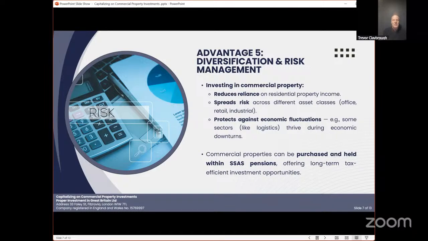A pension fund can't invest directly in residential property, but can invest directly in commercial property. So there are advantages there, and all the income and profits that a SAS pension fund makes are not taxable. So diversification is advantage number 5.